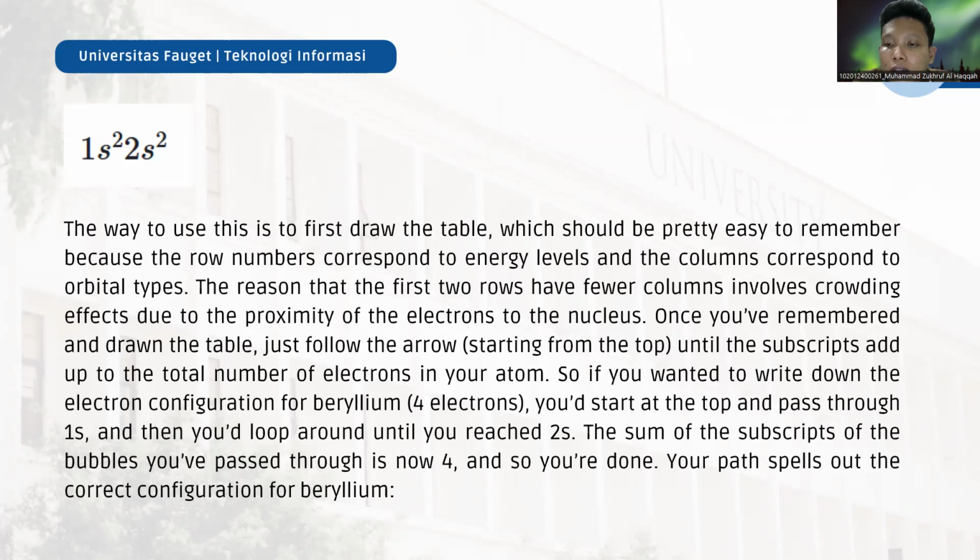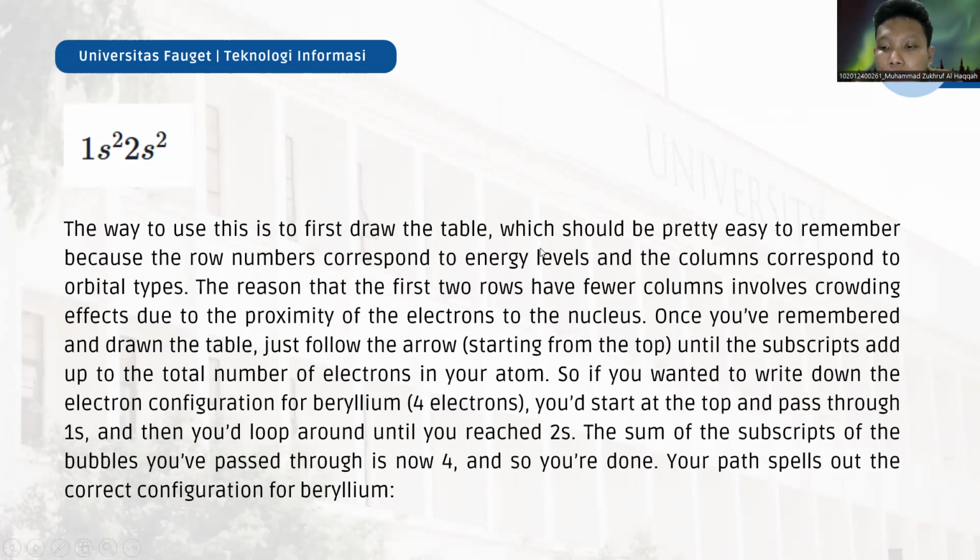Once you've remembered and drawn the table, just follow the arrow starting from the top until the subscripts add up to the total number of electrons in your atom.